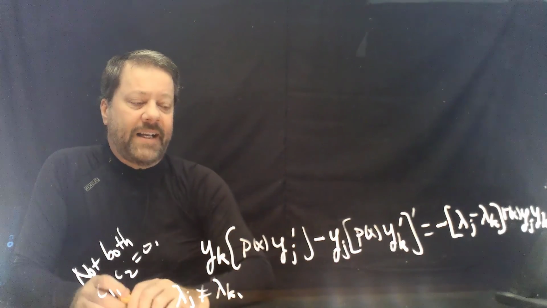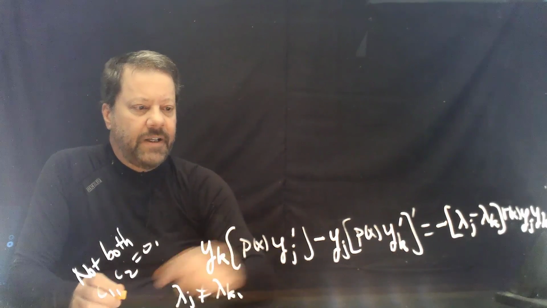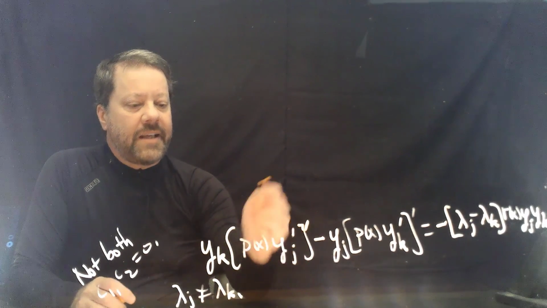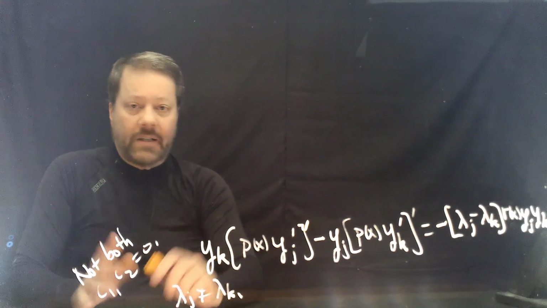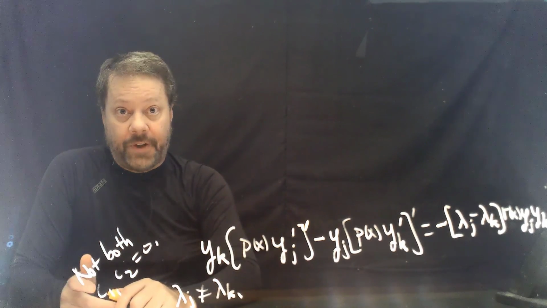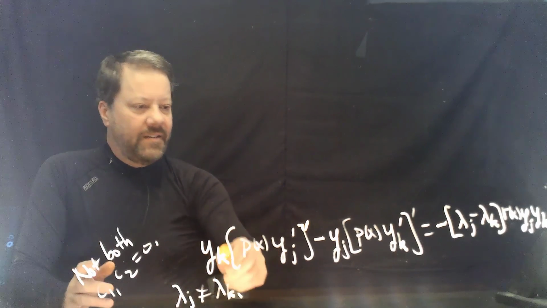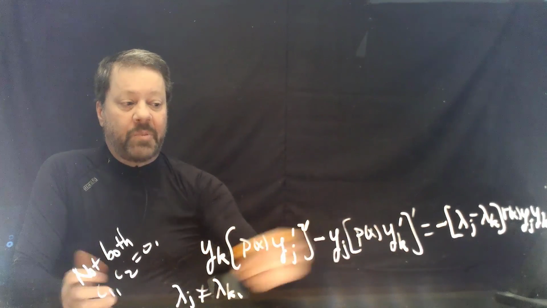So you can see how the right-hand side is going to turn out. The question is, how does the left-hand side turn out? Well, we're going to have to work with this a bit first. So let's apply the product rule.